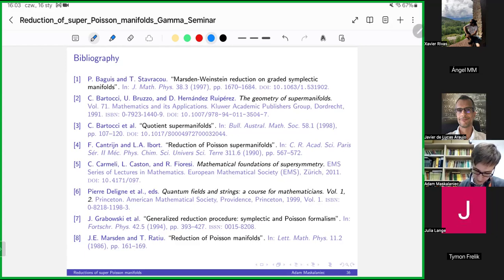I also heavily relied on the article of Marsden on the generalized reduction, but only in the case of smooth manifolds. And there is a great book of Carmeli, Caston and Fioresi on supermanifolds. That is a very modern textbook.